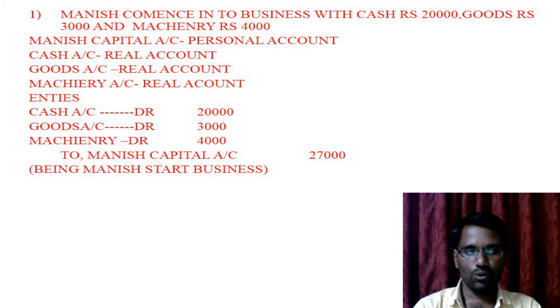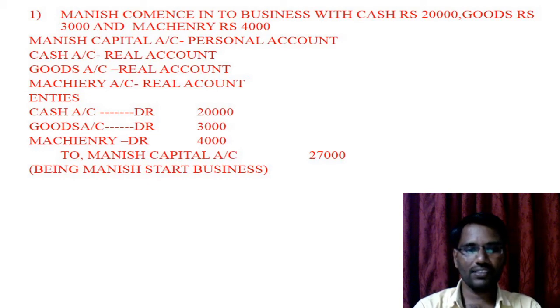Cash, goods, machinery are the real accounts, and the real accounts rule is debit what comes in and credit what goes out. So these 3 assets come into the business, therefore we treat debit to the cash account, goods account and machinery account.